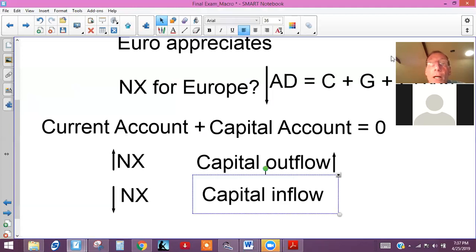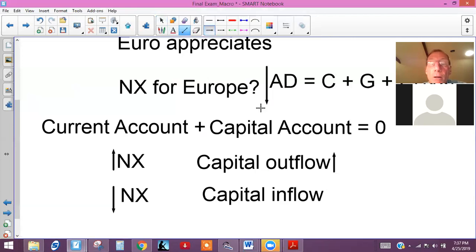You don't need to know all that. What you need to know is this relationship right here. When capital inflow goes up, it means the capital account is going into surplus. And these have to balance, so the current account, or the balance of trade, or net exports, has to be going into deficit, right?